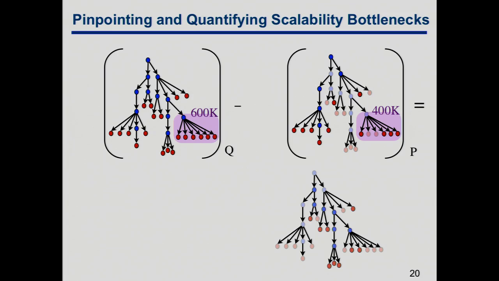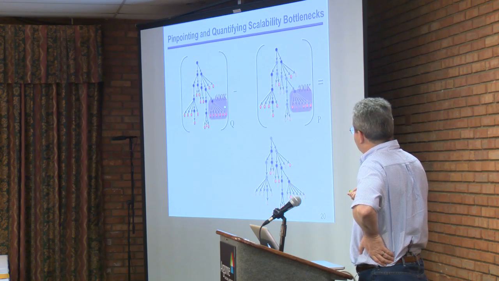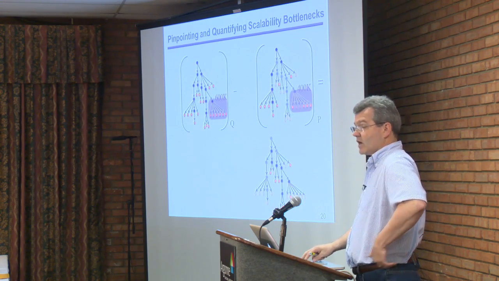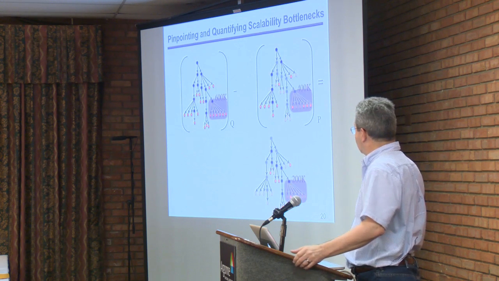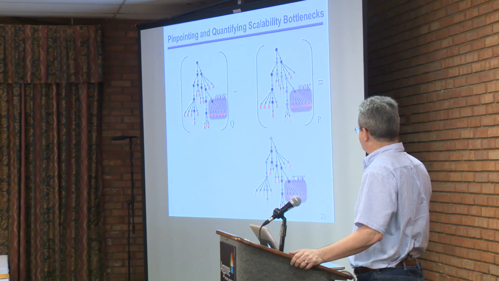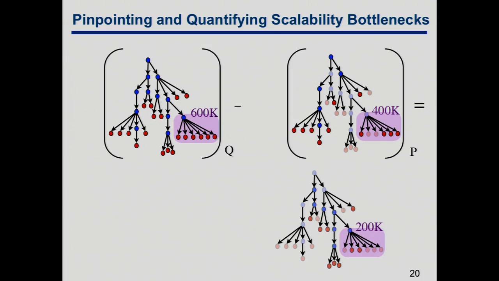And so in this case, the fact that we spent more time when we went to a larger number of processors represents a scaling loss. By differencing these trees, we find that we've got 200K units of time that represents extra time in the solver. The difference gives me wasted effort.